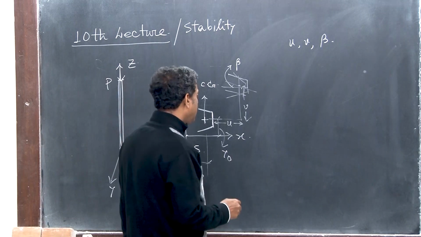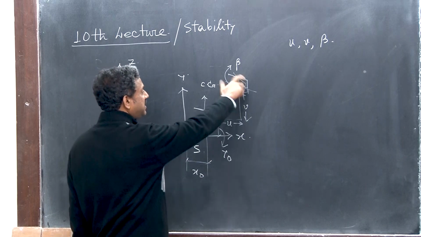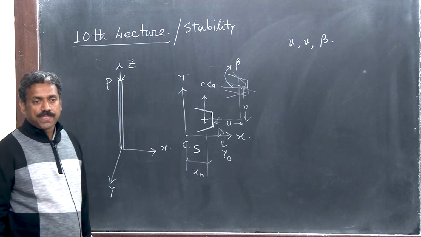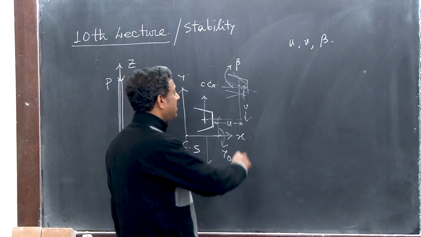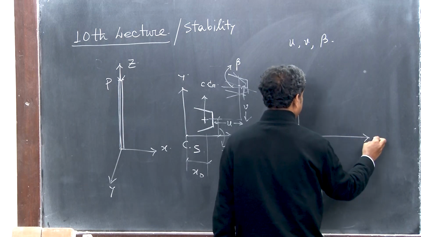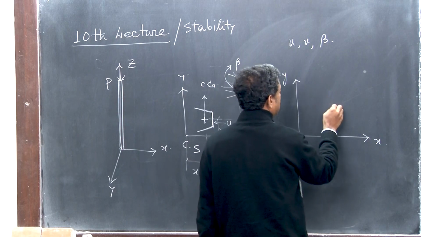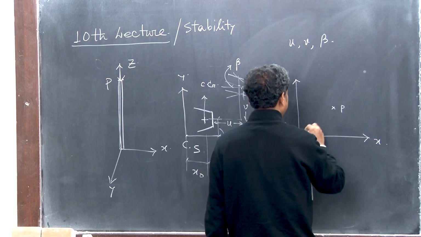So, then what we have emphasized is that because of this beta, U and V will be modified. Consider a section with x and y axes, and a point P here.